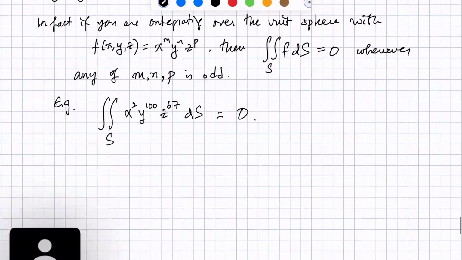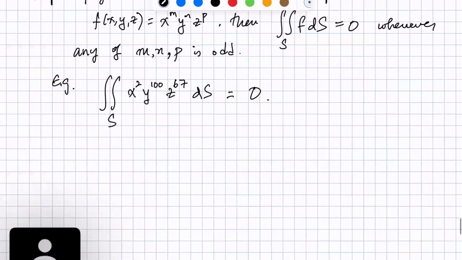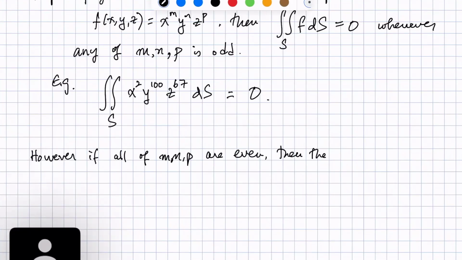Now, you have to be careful, this doesn't work if the cancellation is not true. However, if all of m, n, and p are even, then the integrand is always positive. So the integral is positive.